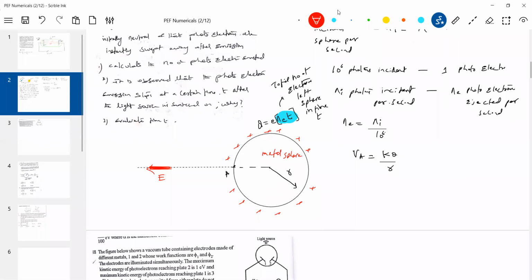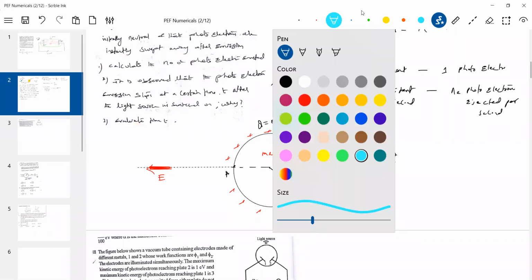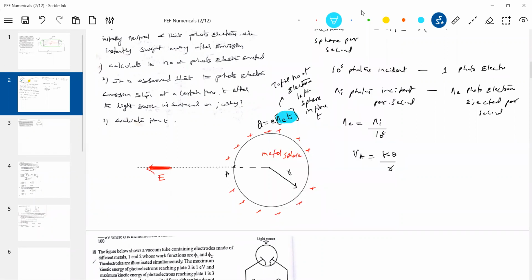Now, let's consider any ejected electron. This ejected electron will have kinetic energy K max.